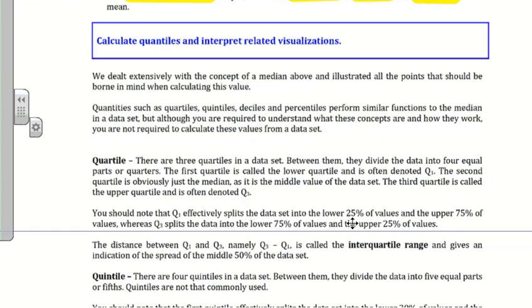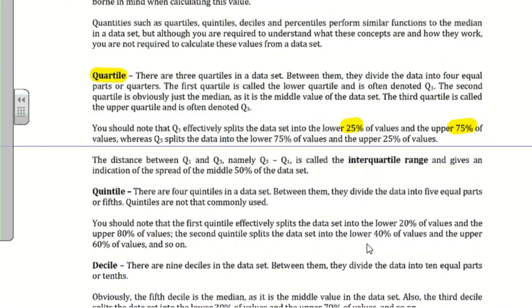We are back with certain visualizations. We talk about quantiles, quartiles, deciles, all this kind of good stuff. Again, what I'm doing is breaking the data down into more manageable groups. Quartile means I break it down into 4, so you can see there's the 25%, 75%. We've also got an interesting one called the interquartile range.